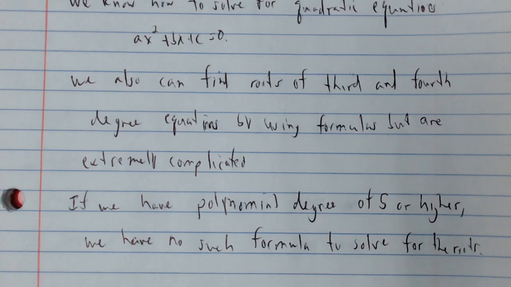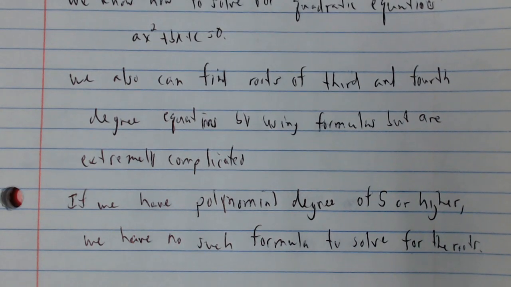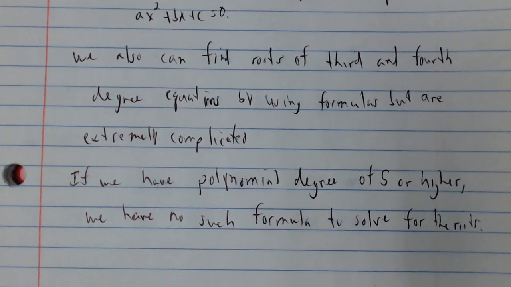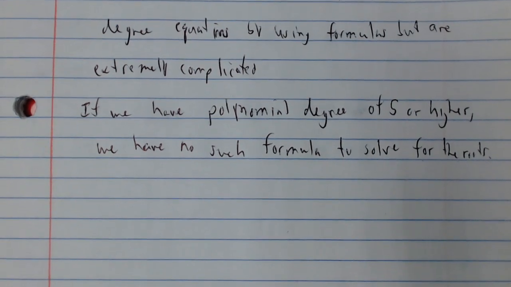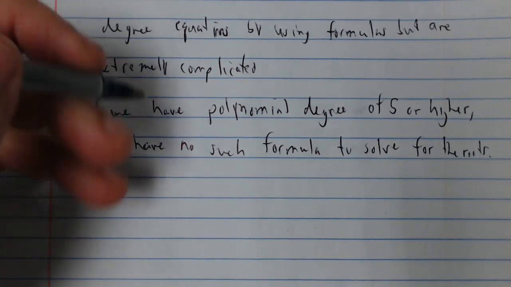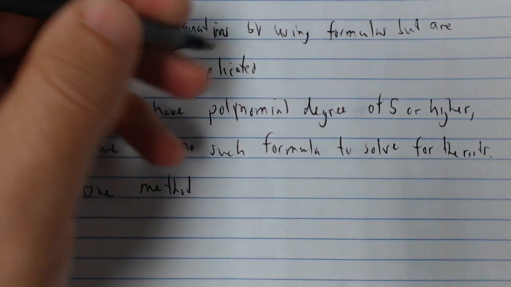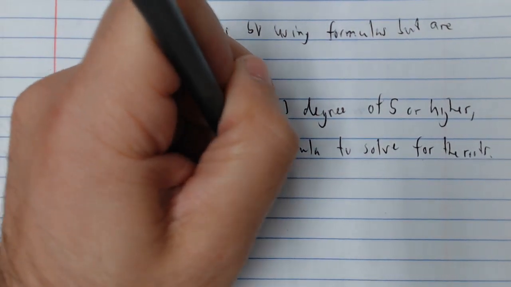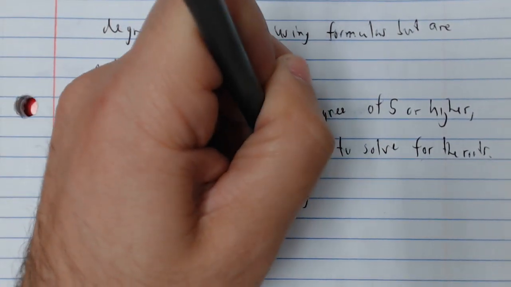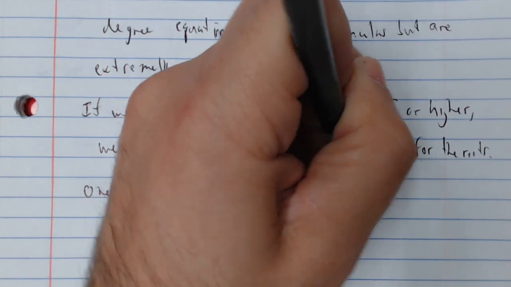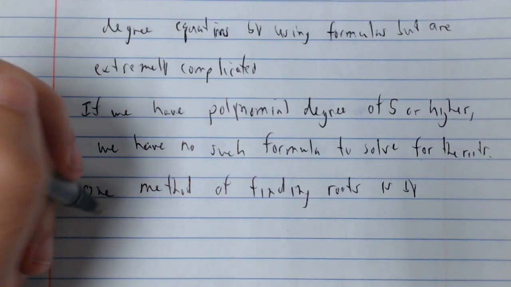So then the question is, how do I solve for these roots if I don't have a formula? And one of the methods that we could use is known as Newton's method. So one method of finding roots is by Newton's method.